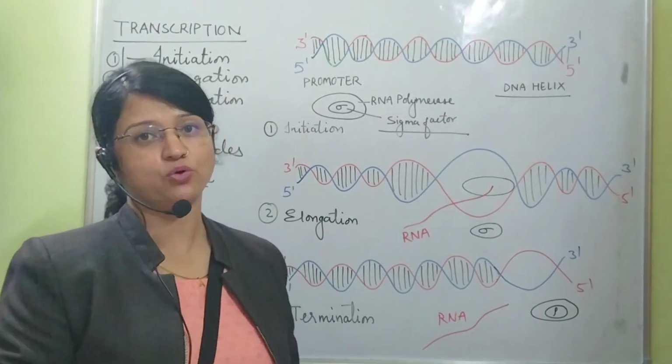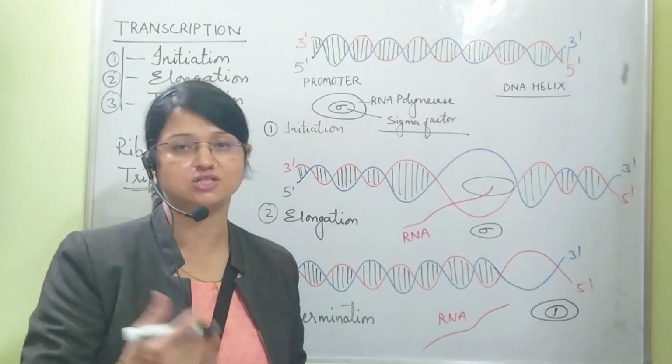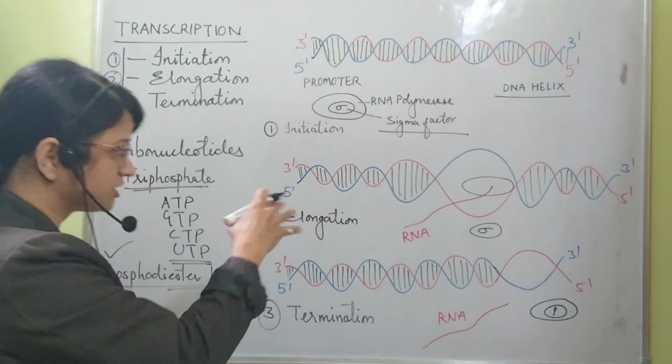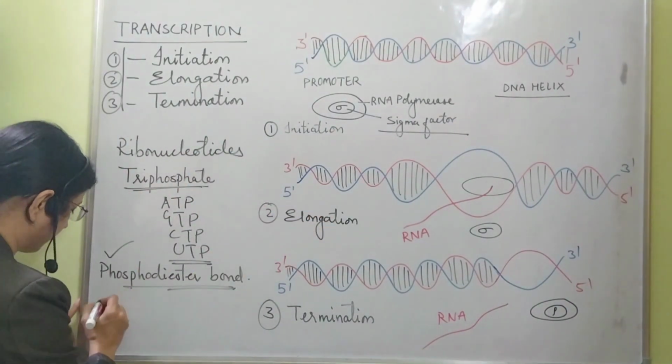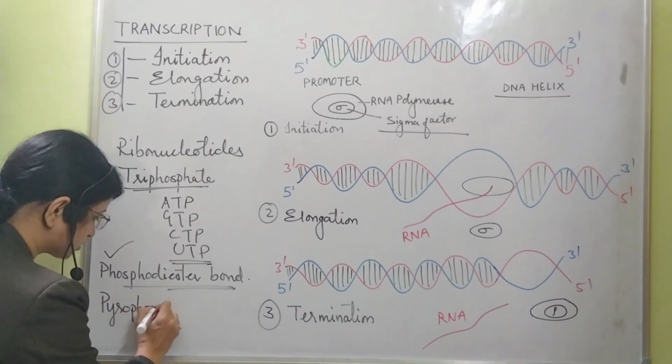My dear students, one thing you have to remember: this process of transcription requires energy, and how will this energy be met during this process? For that, remember the enzyme pyrophosphatase.